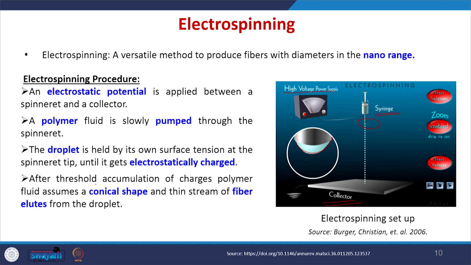After threshold accumulation of the charges, the polymer fluid assumes a conical shape, and a thin stream of fiber ejects from the droplet. This conical shape is called the Taylor cone. It is named after the scientist.